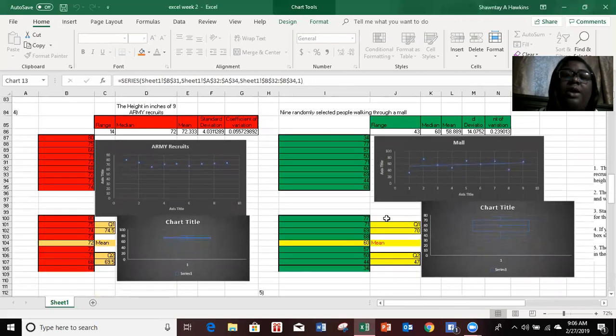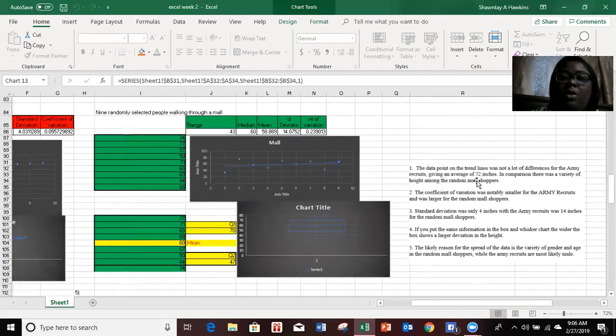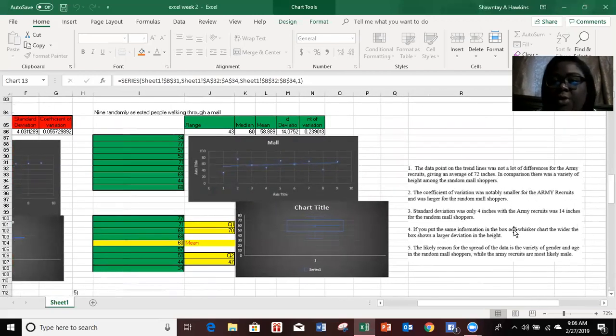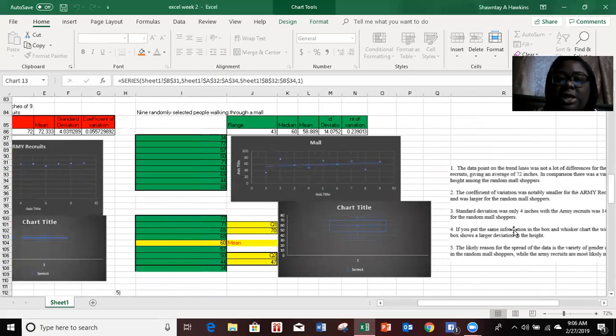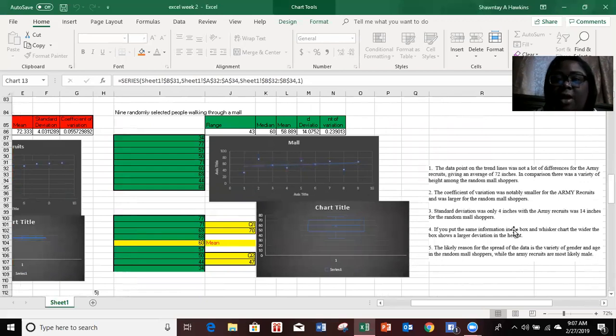This is number 4. In number 4, we're going to be talking about the height in inches of the Army recruits and 9 randomly selected people walking through the mall. This is their chart here. So the data points on the trend lines were not a lot different from the Army's, as you can see. It's not that much different. I'm getting an average of about 72 inches in comparison.